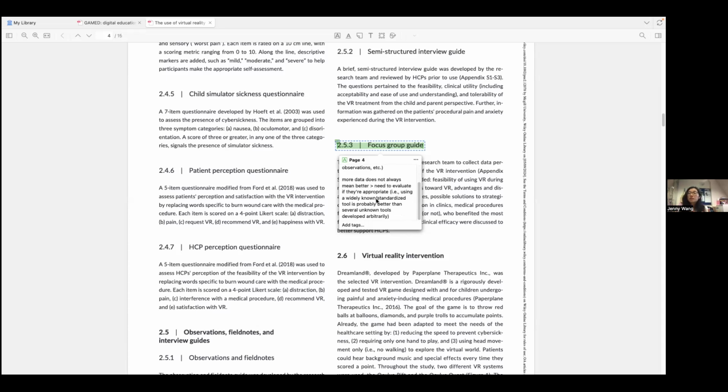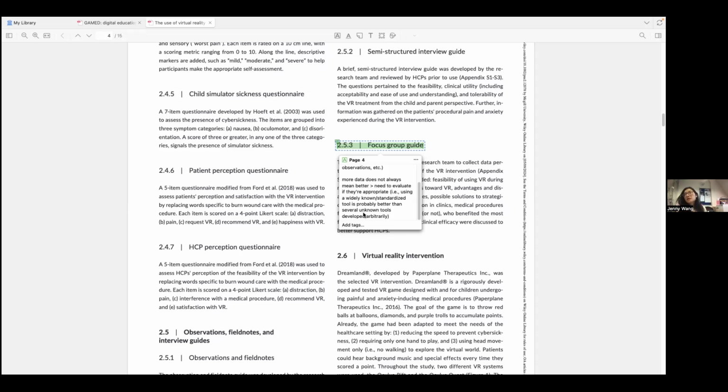So, for example, maybe one author uses fewer data collection tools, but they're using very well-known or standardized instruments that are known to capture certain perspectives or findings, versus another author who is using a lot of different tools, but none of them are really validated or well known, or are developed simply arbitrarily.